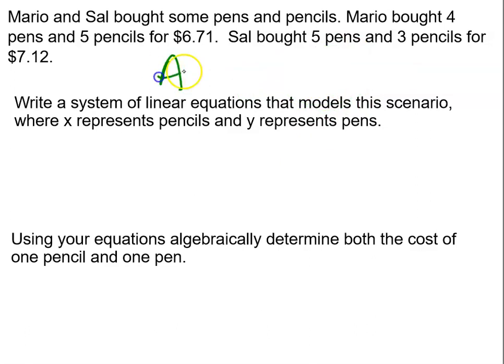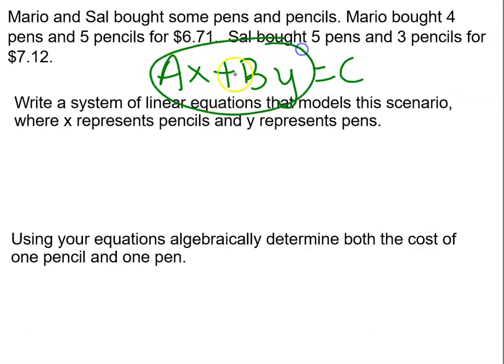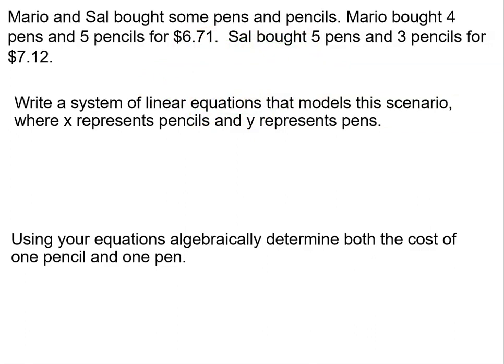So it looks like I'm going to have a standard form equation. I'm talking about 2 quantities, and the sum of them is equal to something. So it says to write a system of linear equations that models this scenario where x is pencils and y is pens. Oh, fantastic. So we've got Mario, we've got Sal, and it looks like Mario buys 4 pencils and 5 pens.